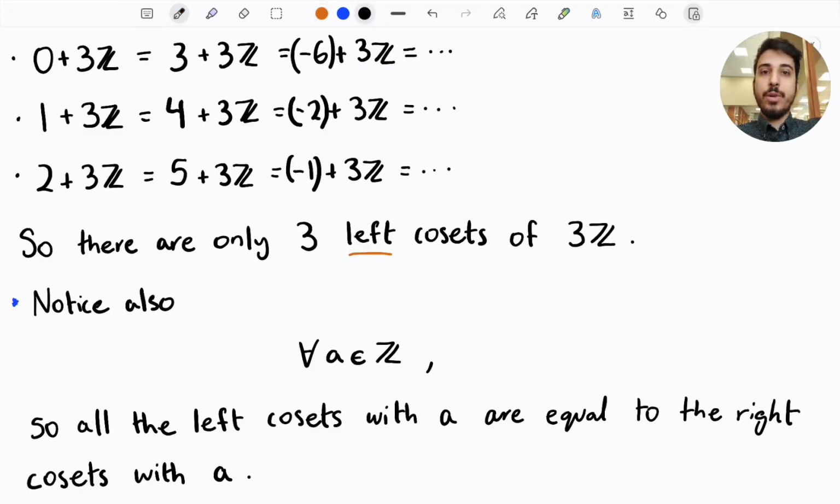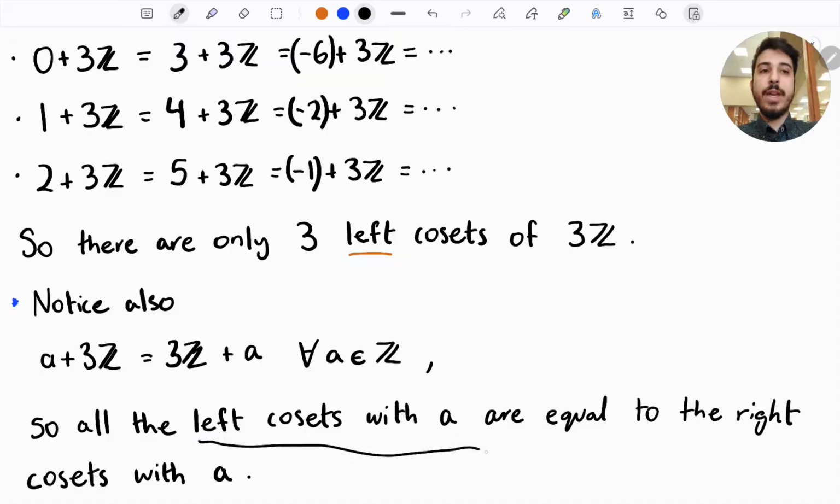So we notice that a plus 3Z is equal to 3Z plus a for any integer a. Simply because addition is abelian, so whether we have left cosets or right cosets, the results are the same.